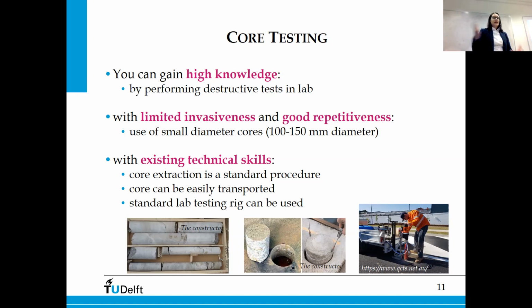And then you can use a standard test rig to do tests such that you can also obtain the toughness property of the material. And the good thing is that if you have a core of 100 or 150 millimeter, that is much less invasive than if you need to take wallets. So you can also repeat the test many more times.